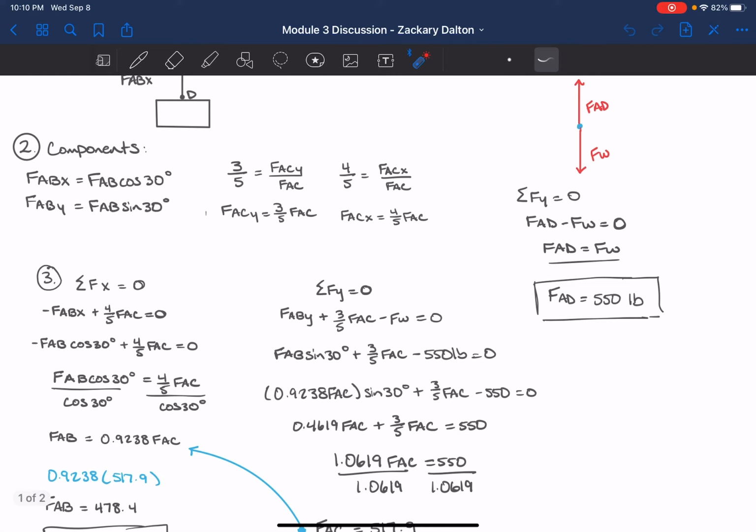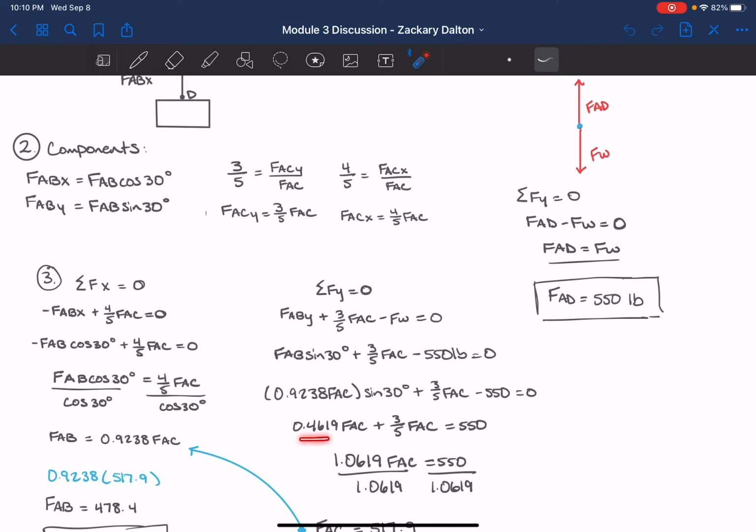So what's cool here is you can actually plug in what your FAB you just found in order to get common variables. And so you will multiply 0.9238 by sine 30 degrees, and it will change it to 0.4619.